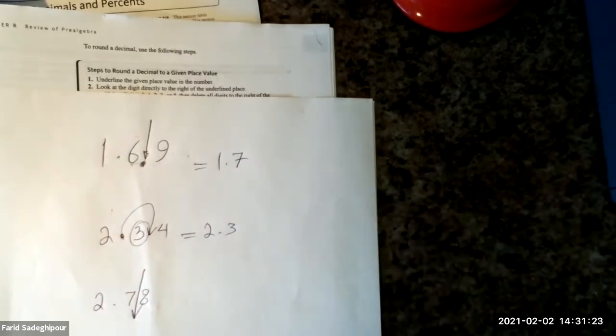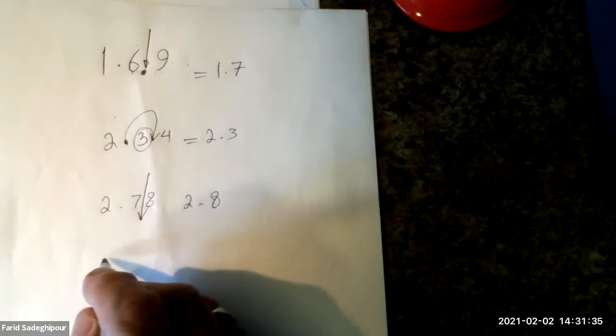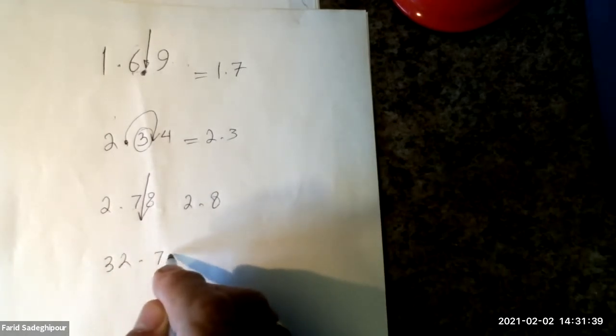Okay, let's say 2.78. You want to round right here. After 7, this number is greater than 5. So when you round it, you add 1 to this, so it would be 2.8. Now 32.75.